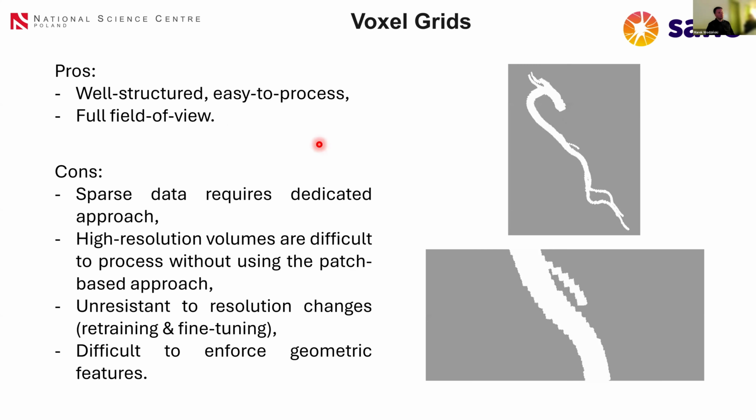I would say they are the most widely used representation in medical imaging because they have quite important pros. They are very well structured, they are very easy to process, and they also provide you the full field of view. However, in terms of geometric learning, there are several limitations of this kind of data.